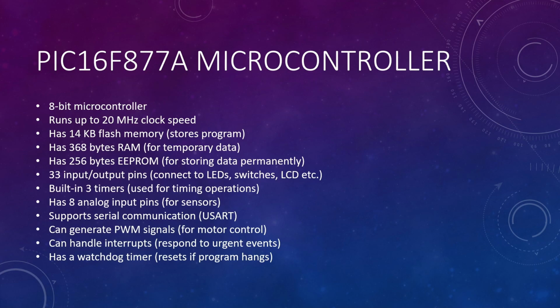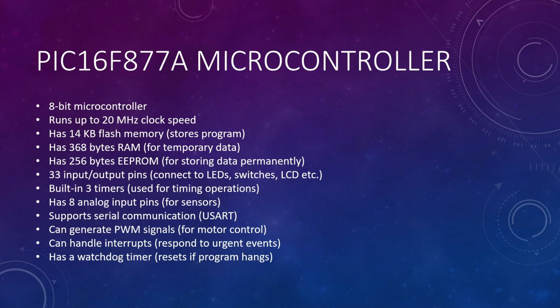It also has 256 bytes of EEPROM for storing data permanently. It has 33 input and output pins where we can connect different peripherals such as LEDs, switches, LCDs, etc.